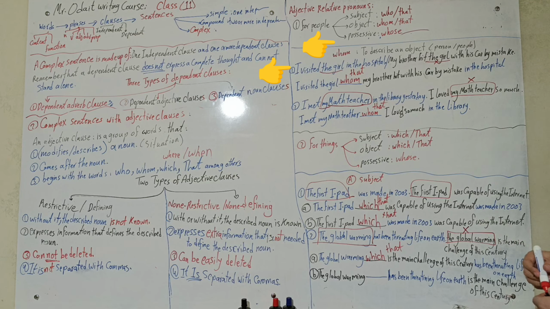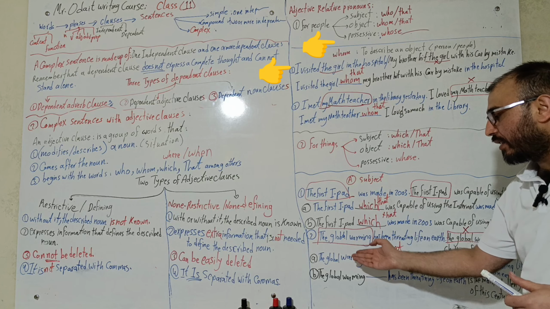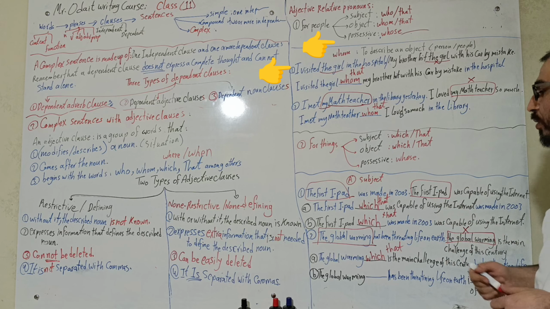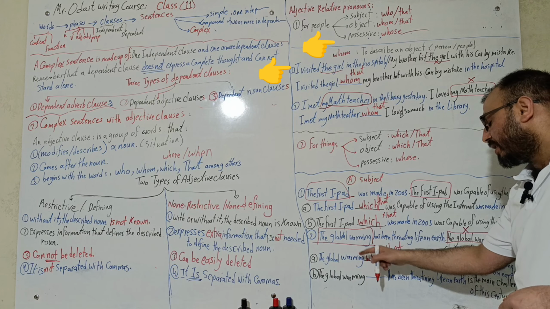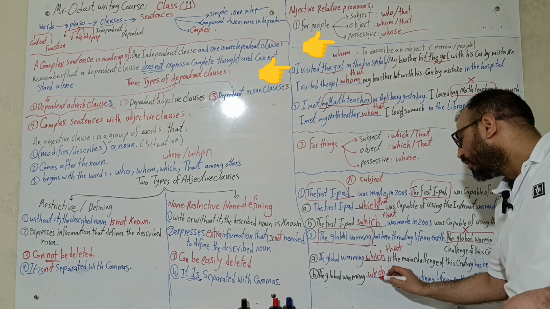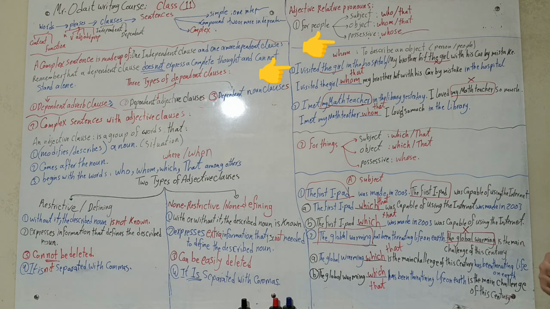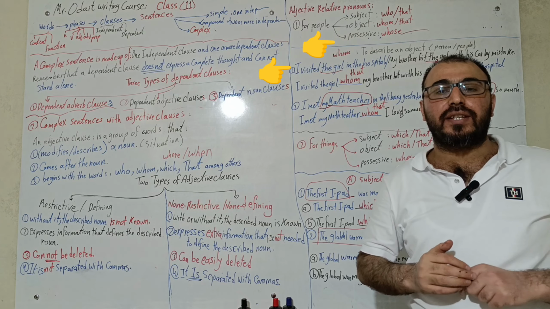Or the other option is to consider the second simple sentence as the main sentence and transfer the first sentence into a dependent clause by deleting the same or the repeated subject and replace it with which or with that. And here, as you see, we solve this problem.